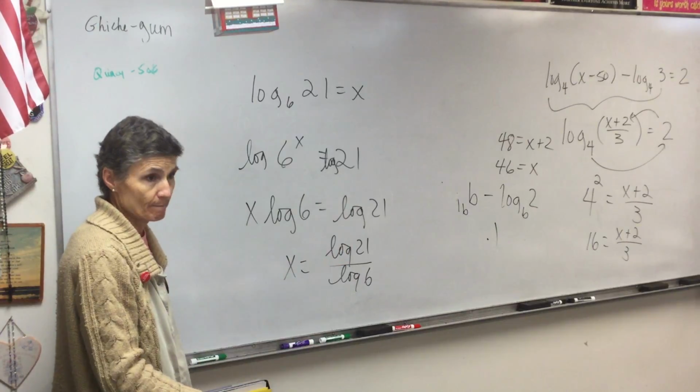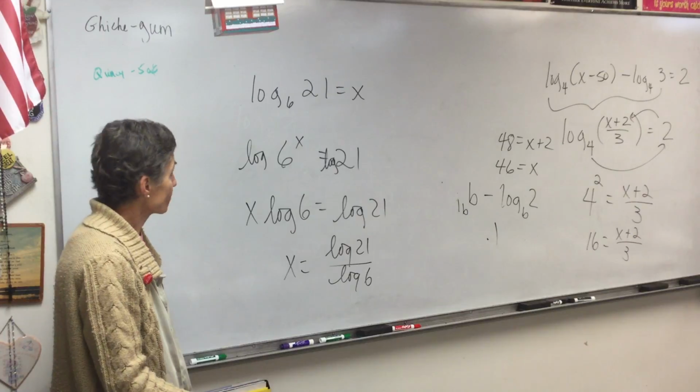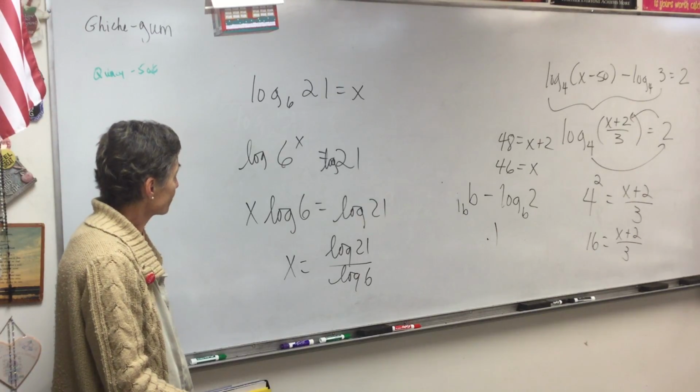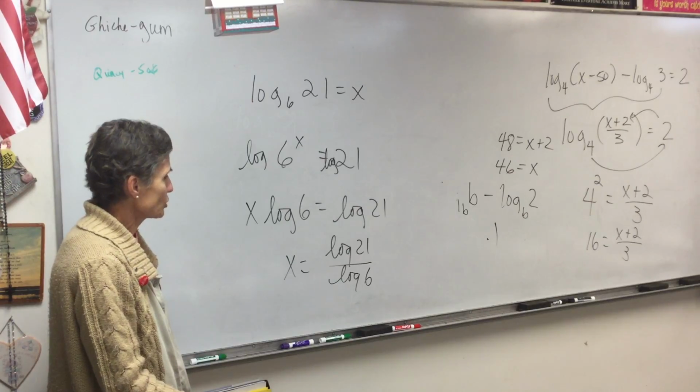It'll work every time. So how do you know when to keep the log on 21 and 6, rather than just put log and then in parentheses 21? Anybody understanding what her question is? I'm not getting it.